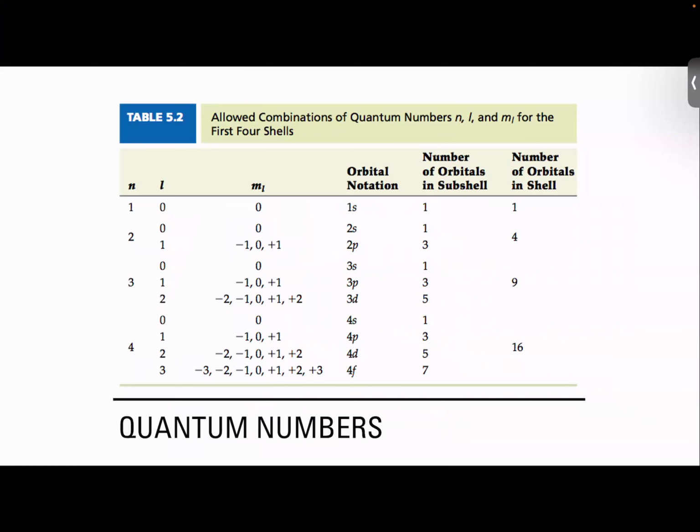It has predictive power because similar electronic structures are found within a group. Those electron structures are related to quantum numbers.